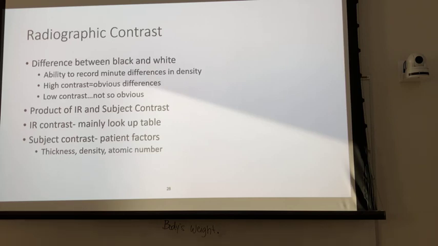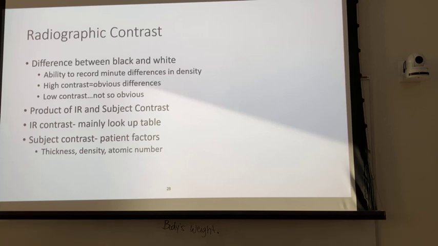So we've got a couple of different things going on there. Really, in comparison to contrast, bit depth, and the ability to record minute differences is really the bit depth, more so than the resolution. The resolution is just that, your sharpness of the image, as opposed to the bit depth, which is how many different shades of gray that you can record.